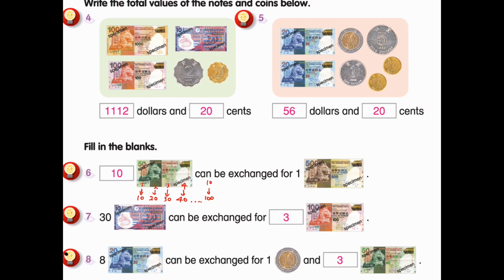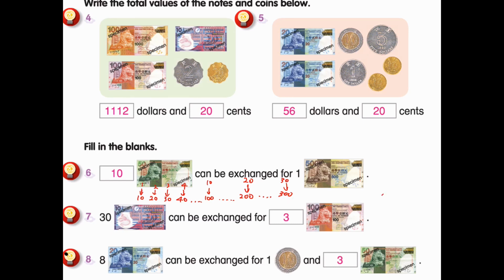So we need 10 $10 notes to have $100, and we'll continue up to 200. We need 20 $10 notes to have $200, and we continue there. 30 $10 notes, we have the total value of 300, and then we'll try to figure out how many $100 notes that we need in order to make up $300.